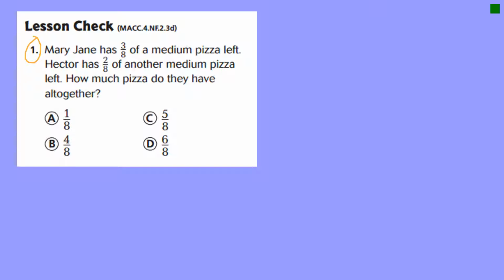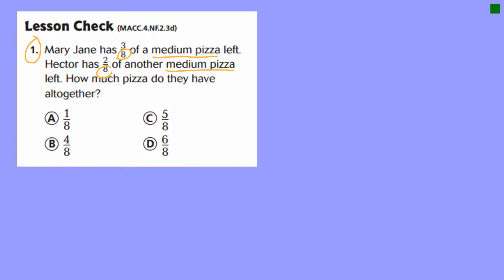Mary Jane has 3/8 of a medium pizza left. Hector has 2/8 of another medium pizza left. How much pizza do they have all together? Now, what's really important about this, boys and girls? First of all, the pizzas were both cut into 8 equal slices, but what's really important, they were both medium pizzas.